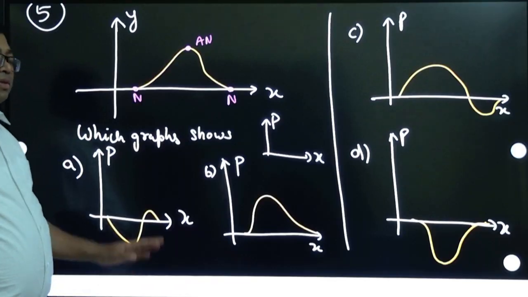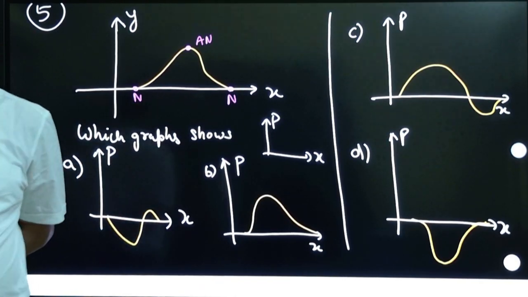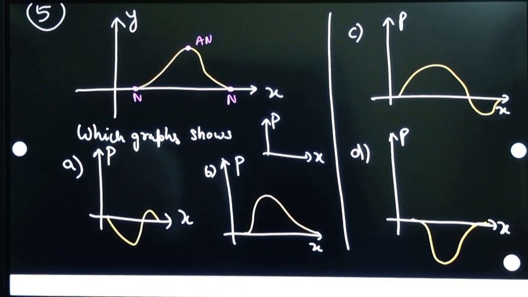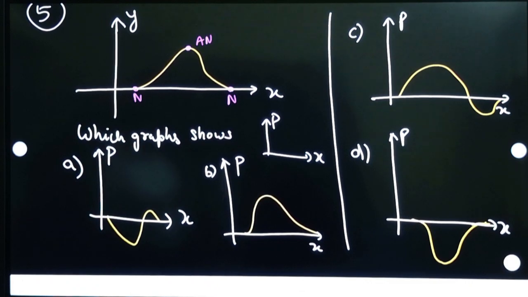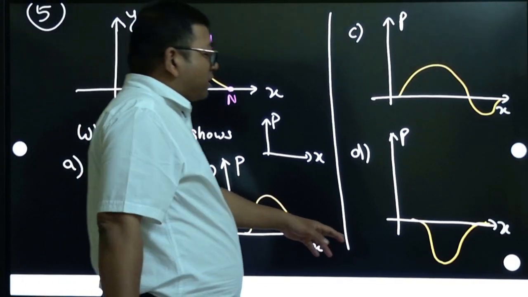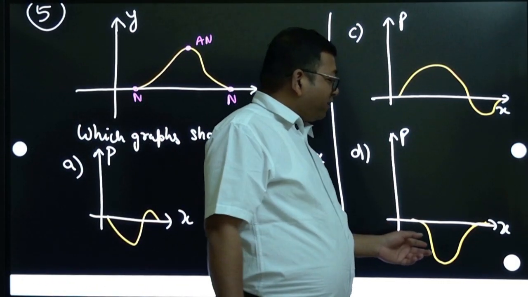You are very close to the answer. You can just think a little bit. Fourth option. Why? Okay, tell me, in the fourth option you have chosen, how many nodes are there?